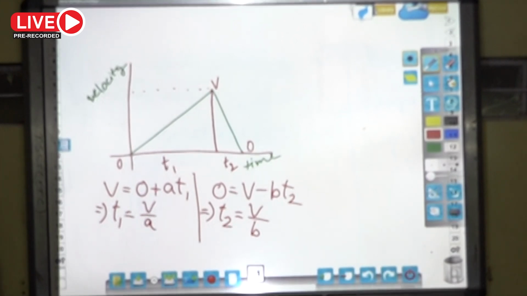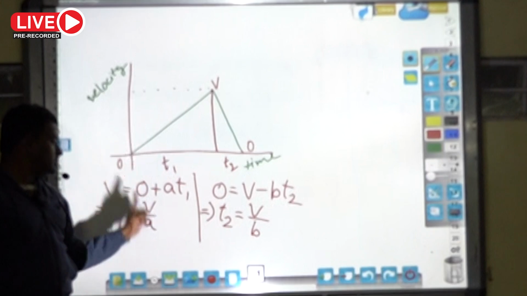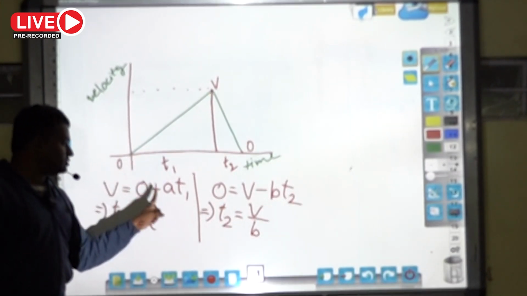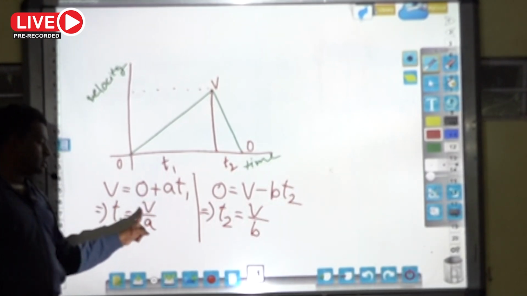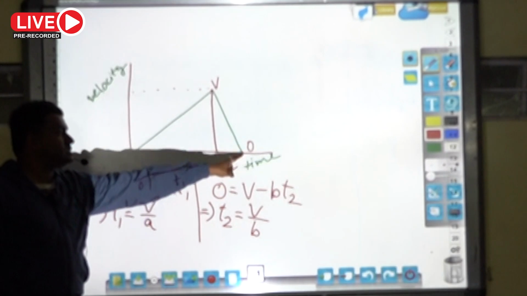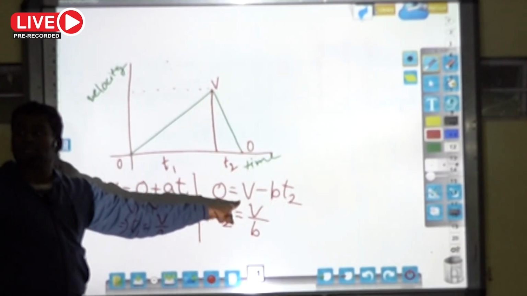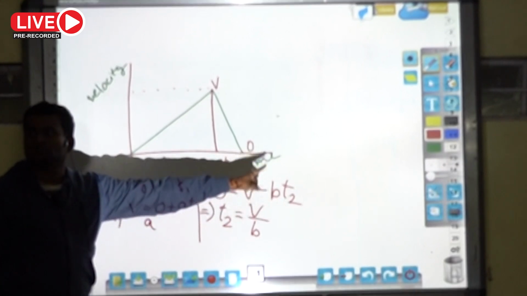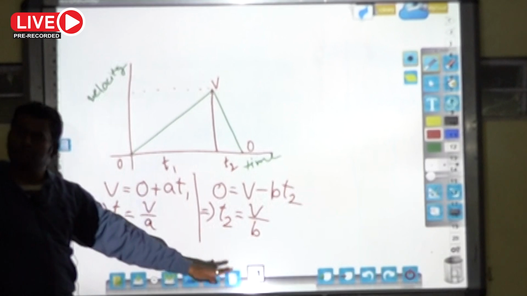So for the first part, acceleration, initial velocity 0, final v, final velocity equal to initial velocity plus acceleration into time, so we got t1 equal to v by a. Similarly, in the second part, final velocity equal to initial velocity, since it is retardation, minus b into t2. So we got t2 equal to v by b.